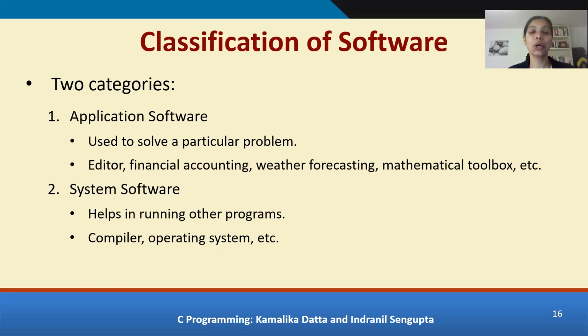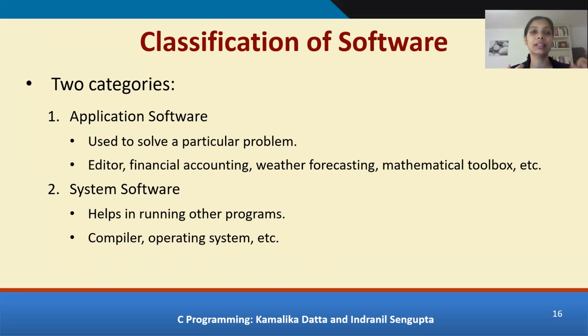So the most important software needed to run any application software is the system software; application software is of no use without it. An operating system is called a system software, and so is a compiler.